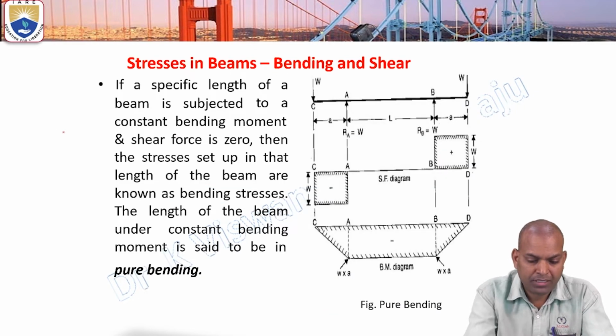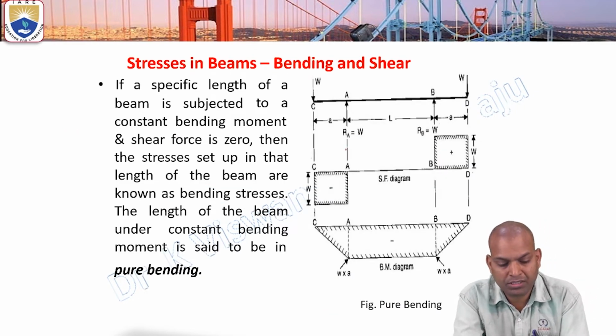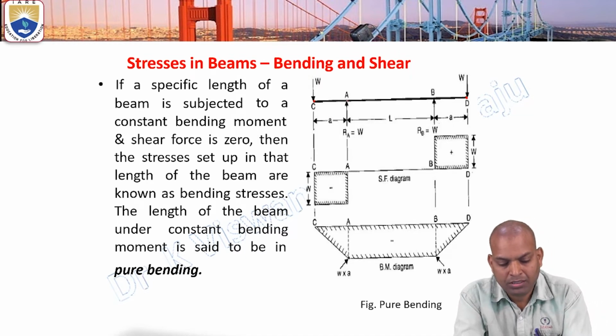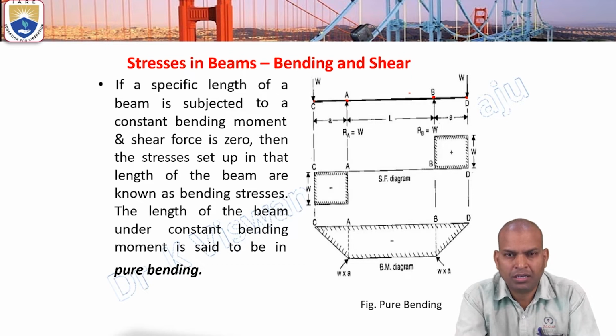Now, the stresses in beams: this figure relates to the pure bending concept. It is an overhanging beam. The point loads act at point C and point D at the free ends, and the support reactions at A and B are RA and RB.